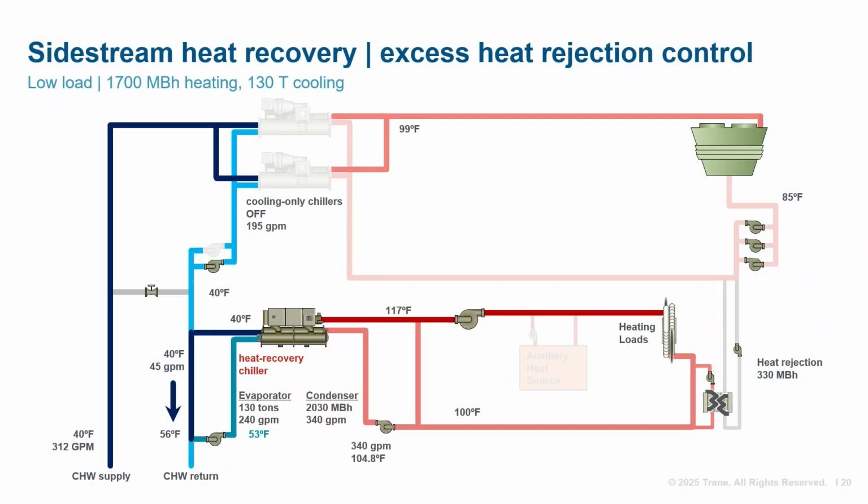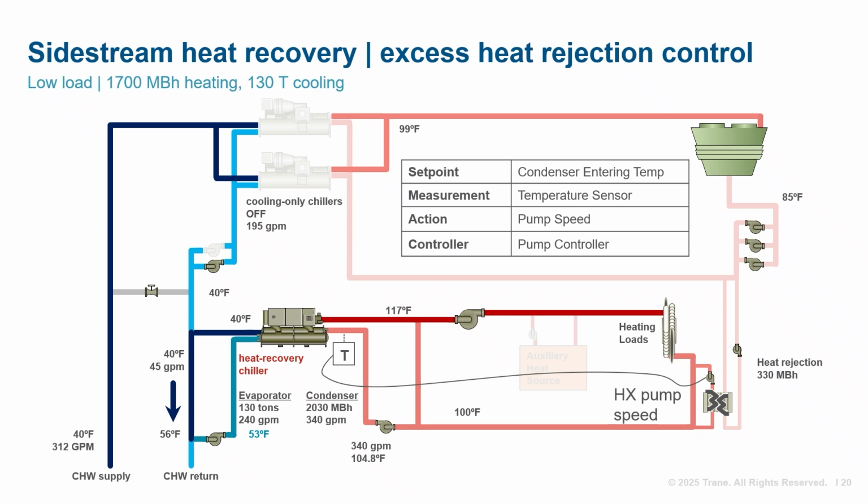Under low load conditions, the return temperature rises, in this case, to almost 105 degrees. The heat exchanger pump speed is modulated based upon that return temperature. We can reject more heat as needed when the return temperature increases by increasing the pump speed, and vice versa.